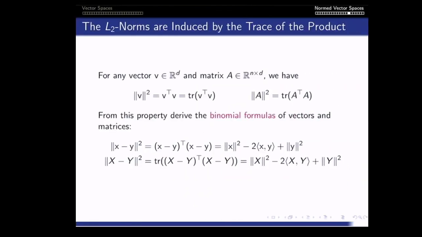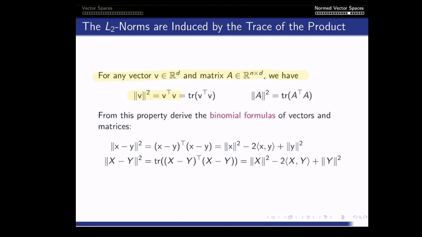Now there is an important connection, for example, between the L2 norms and the trace of the product. For any vector v, the definition of the 2-norm to the square is equal to v transpose times v. You can arrive at this conclusion in multiple ways. For example, you could take the definition by the cosine of the angle between them, because the cosine of 0 is equal to 1.